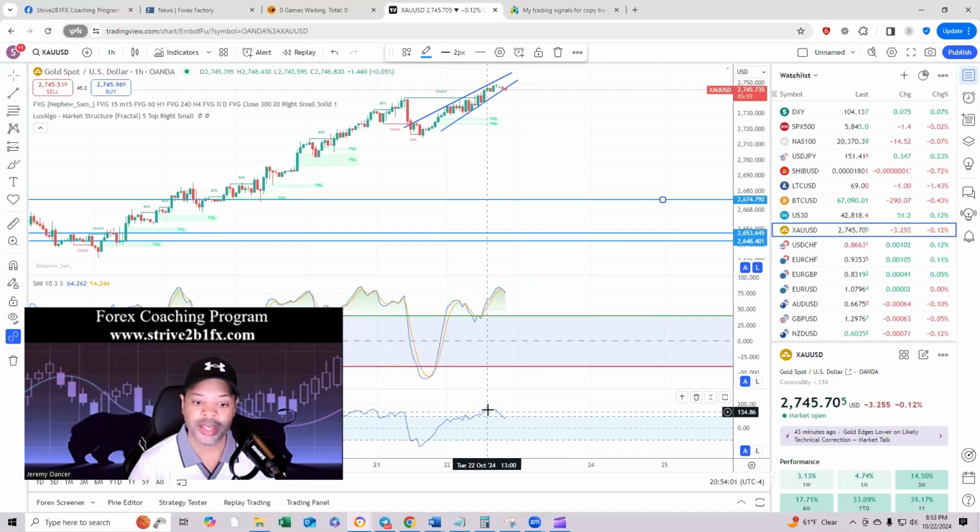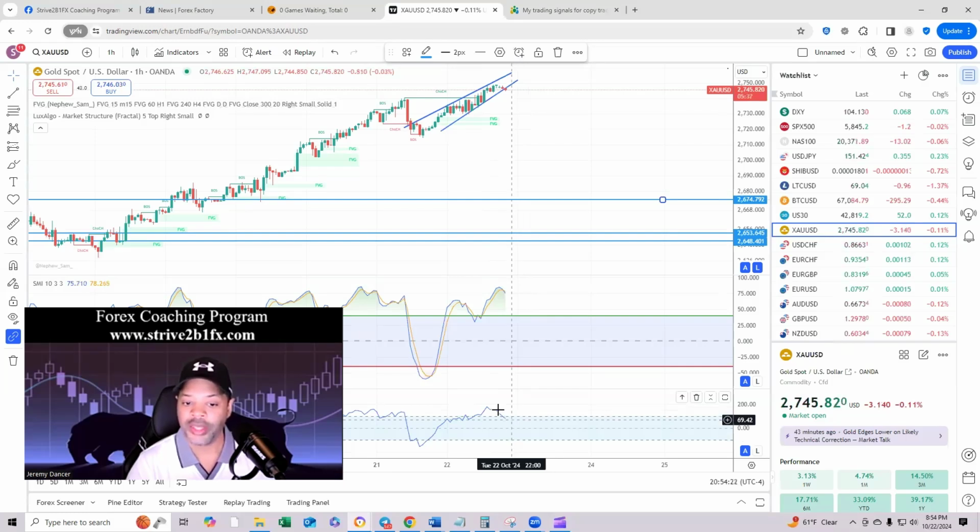We can see that the CCI is going down. We can see that the stochastic is going down, and both of these measure momentum. When it comes to CCI, this upper line is the overbought line, and this lower line is the oversold line.